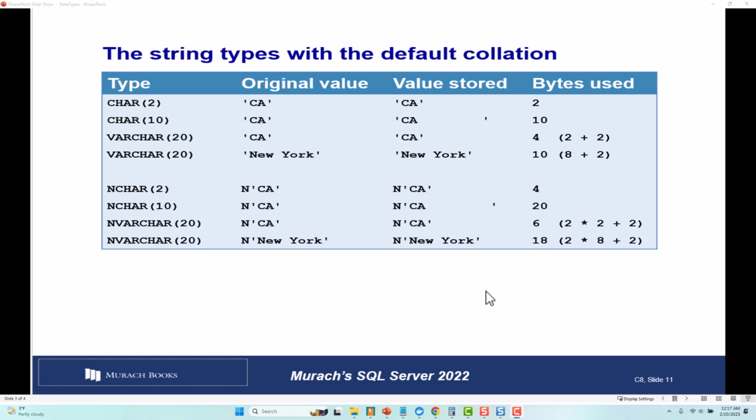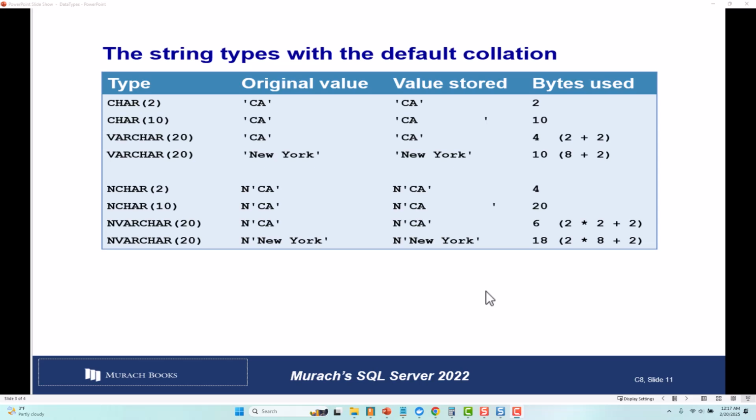So that number that's keeping track of it is going to take up 2 bytes to keep track of how many bytes are stored there. Now for our varchar 20, for storing New York, in this case, we have 8 bytes being used, plus the 2 for the overhead, keeping track of the 8 bytes that are actually being stored. So that's going to require 10 bytes of storage.